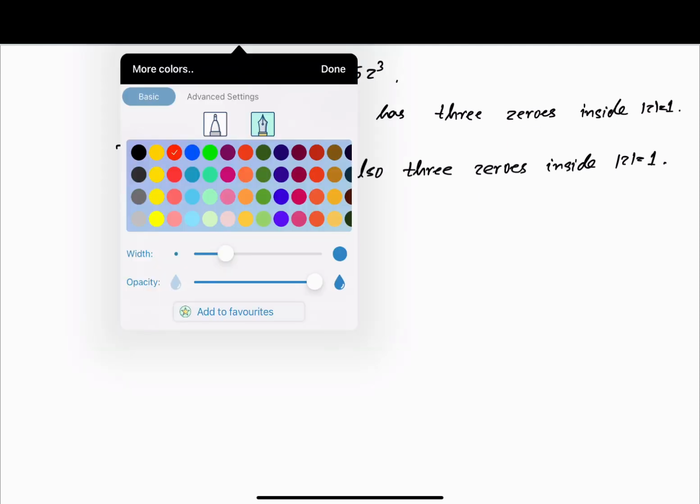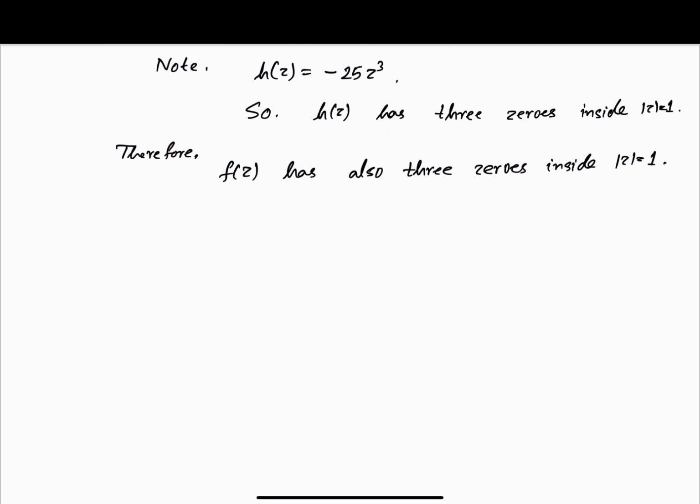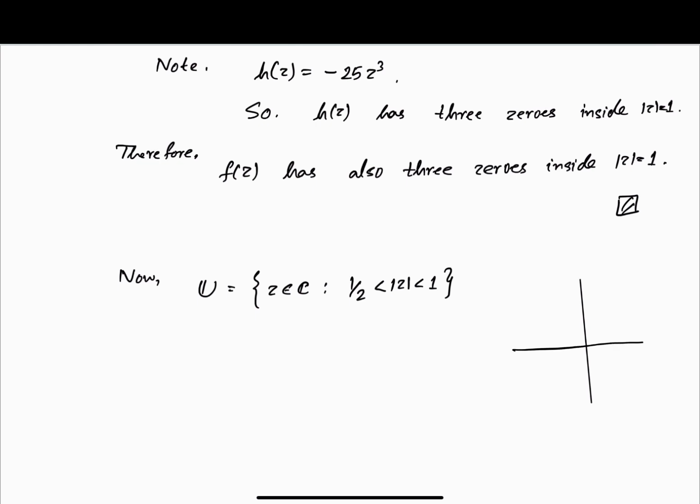So now what is U? U is basically z belongs to C such that this is the annulus between half and 1, right? Suppose this is the circle of radius half, and suppose this is the circle of radius 1.